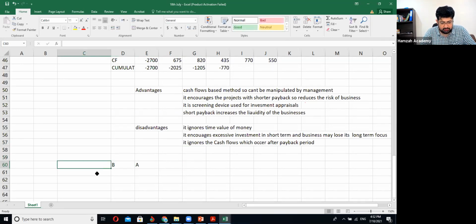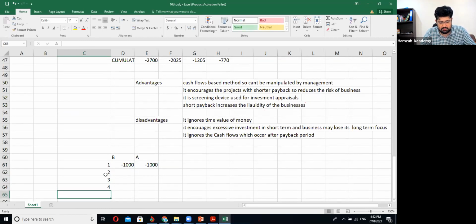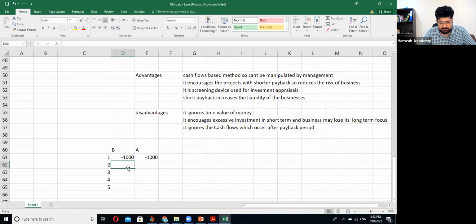I'm going to write the cash flows. For example, investment is negative 1,000, then years 1, 2, 3, 4, 5.